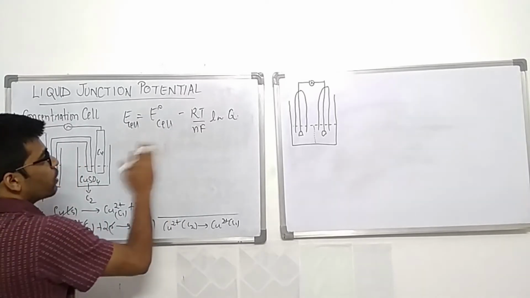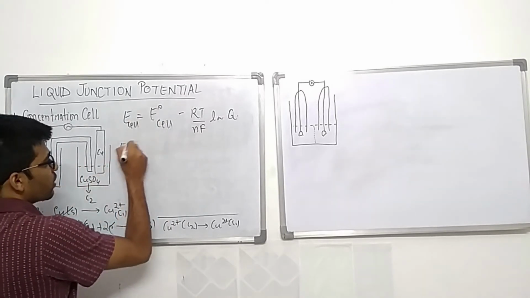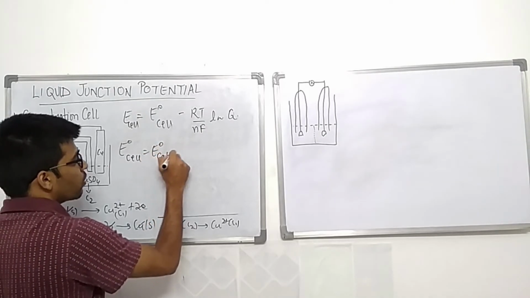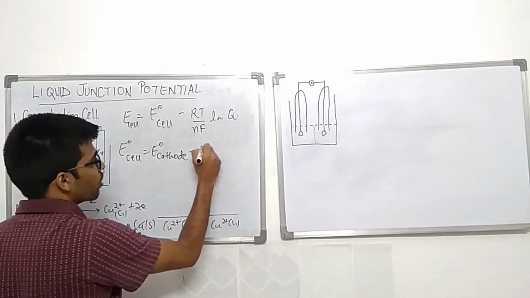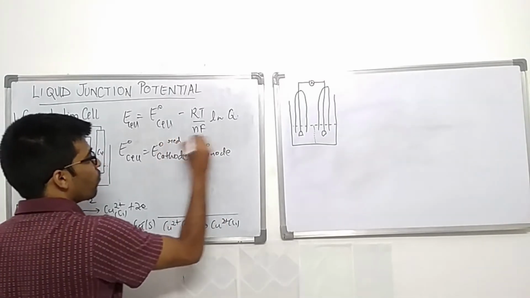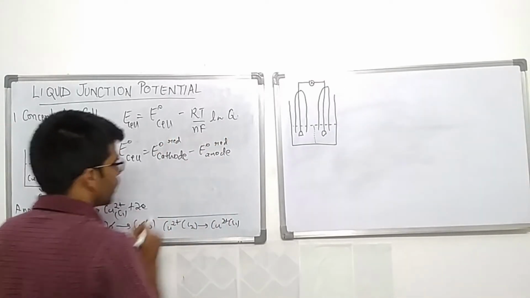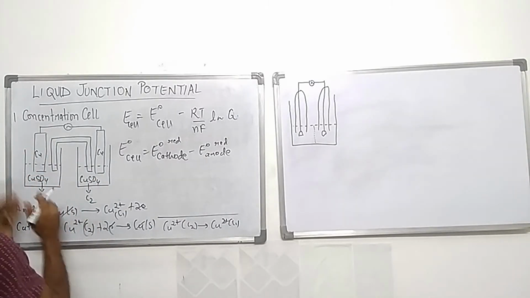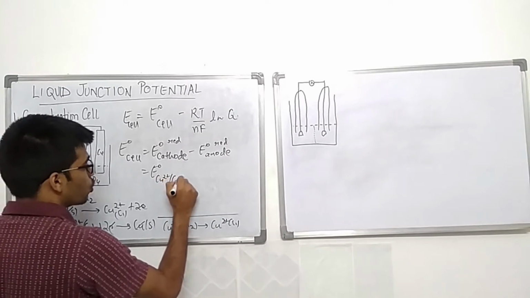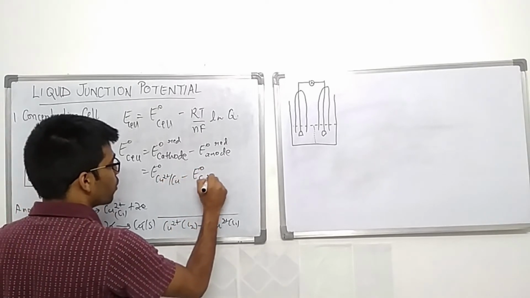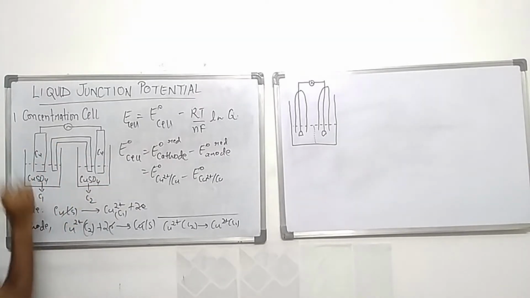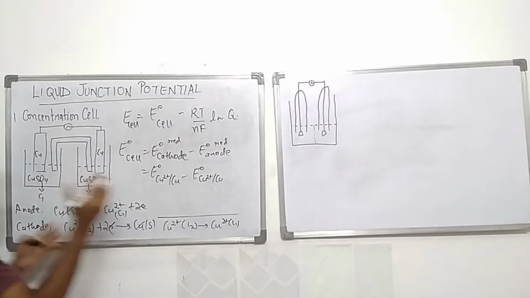Now, before that, E cell. E naught cell is E naught cathode minus E naught anode, and we write the reduction potential of both the electrodes. In this case, this would mean E naught copper 2 plus to copper and E naught copper 2 plus to copper, because both the half cells have the same electrode and same solutions, so this remains the same.